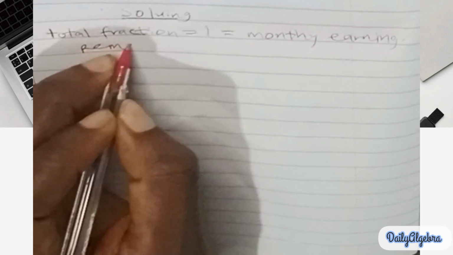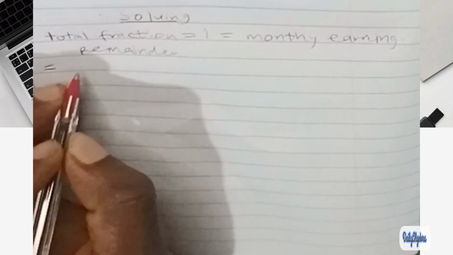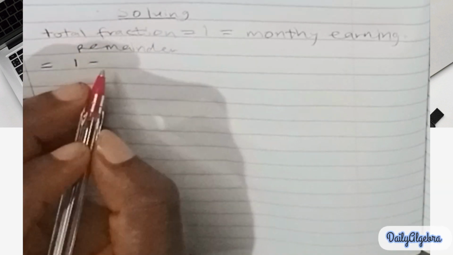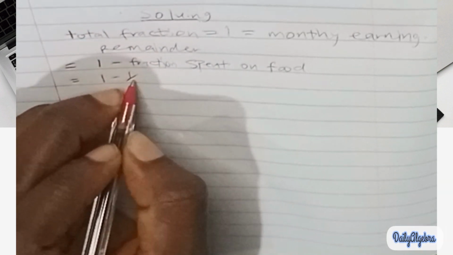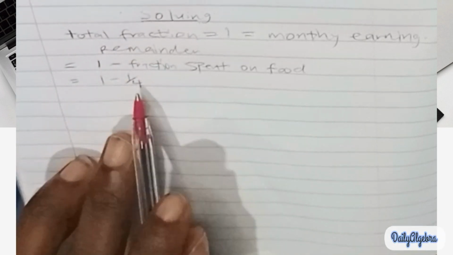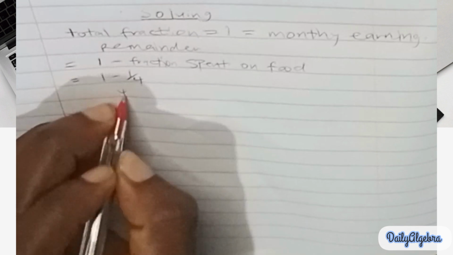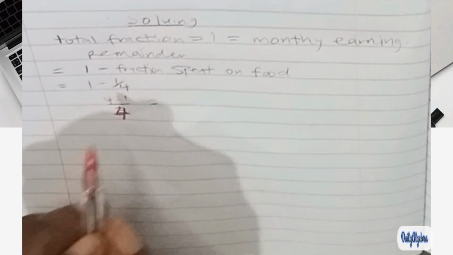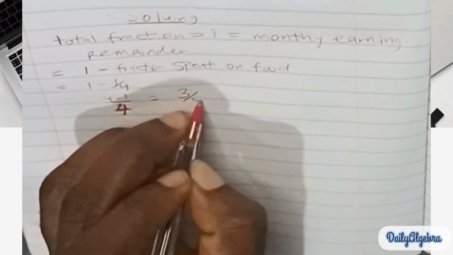So the remainder will be equal to the total fraction minus the fraction spent on food. So 1 minus 1/4. Solving this, we get 4/4 minus 1/4. So 4 minus 1 is 3/4.